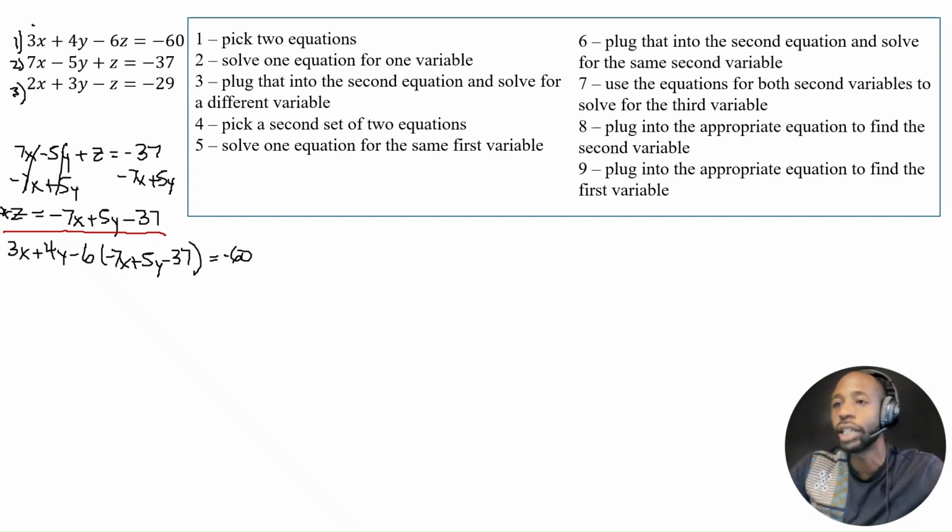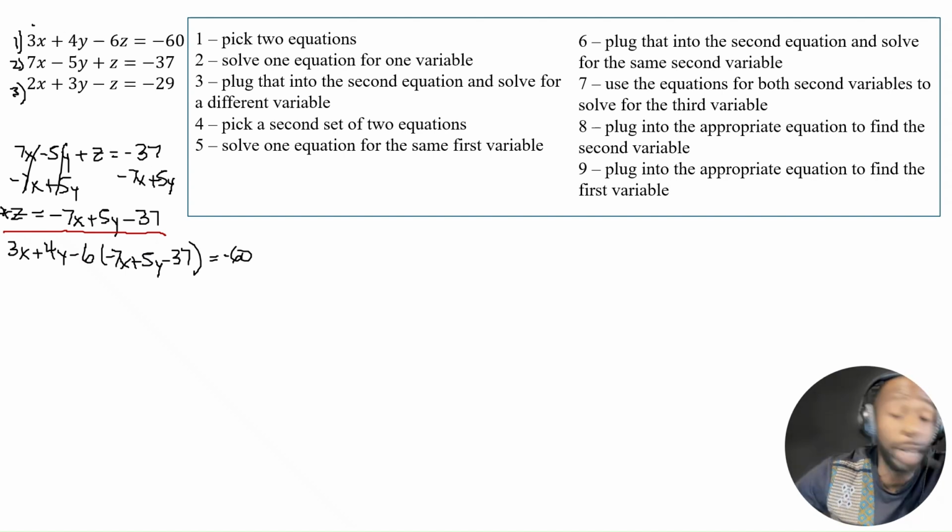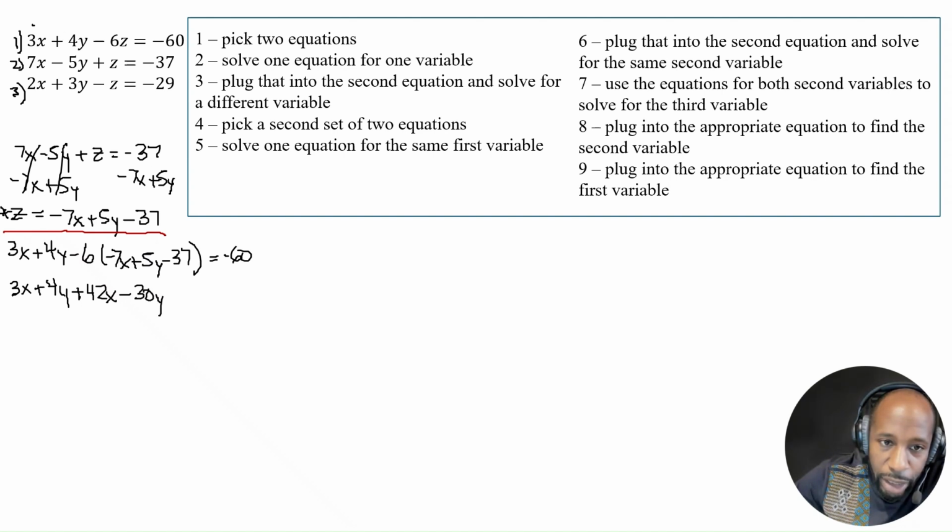Now, we are going to need a calculator here. At least I'm going to use one because it's a lot of numbers. So you've got 3x plus 4y. Now we're going to distribute the 6. Negative 6 times negative 7 is positive 42x. Negative 6 times 5y is negative 30y.